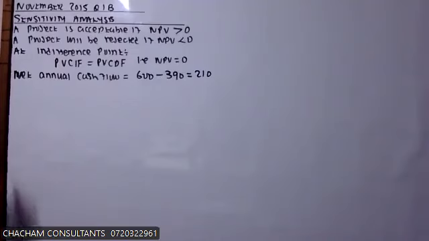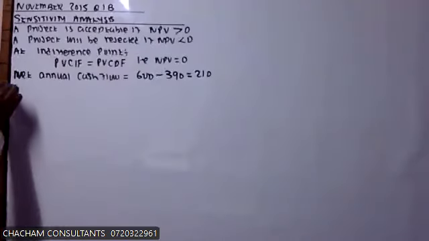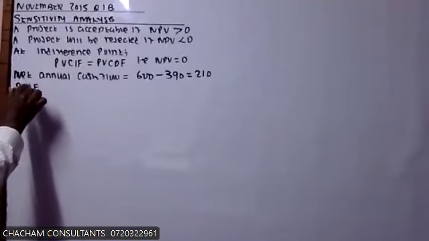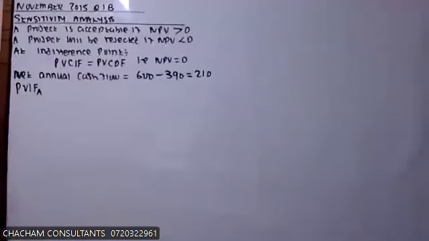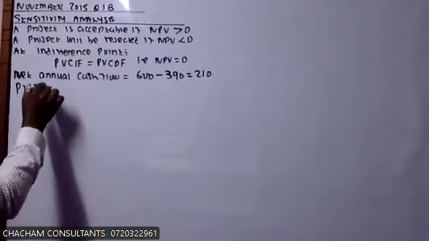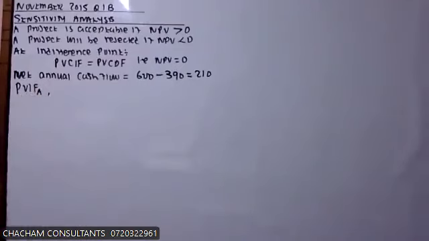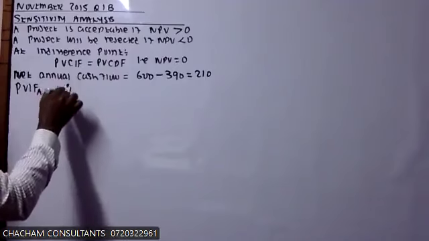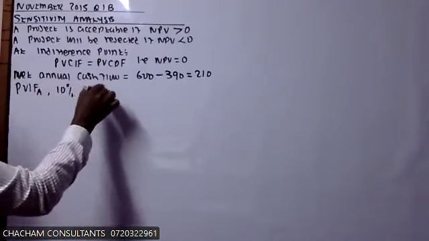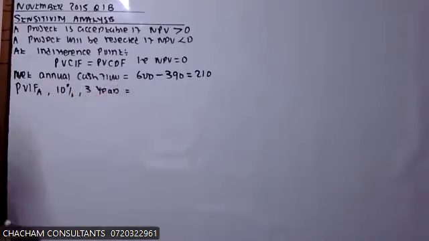Now, because this is an annuity, we will need to get the present value for the annuity at the cost of capital of 10% and 3 years. So you want to use the formula or the tables? The table. Okay, got the table.